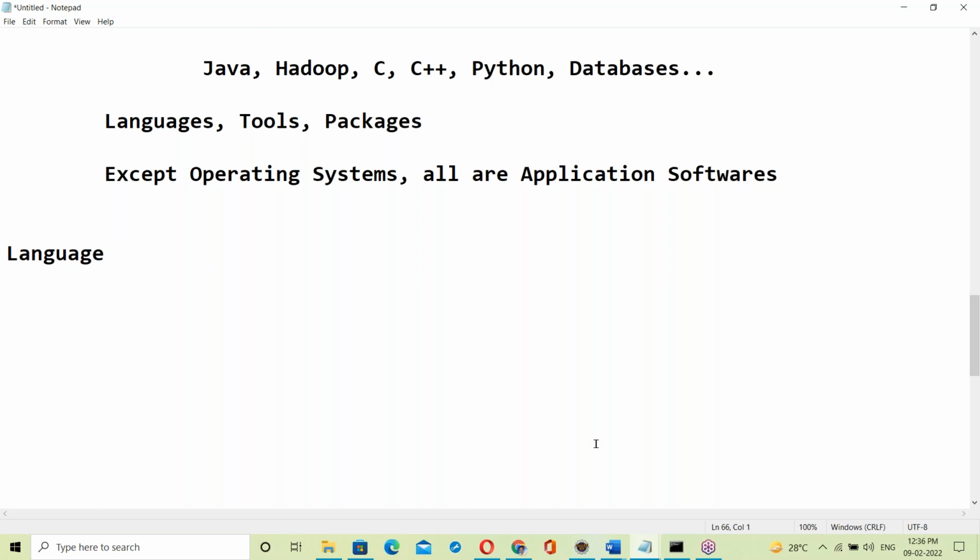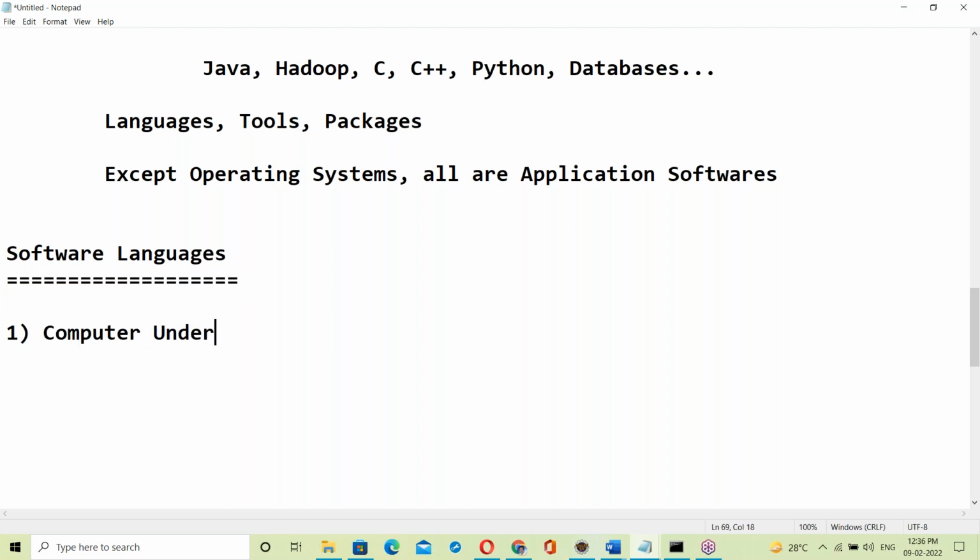Now come to software languages. In software, the computer understands some language, a computer understandable language.